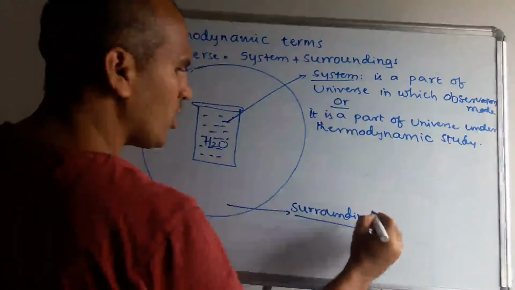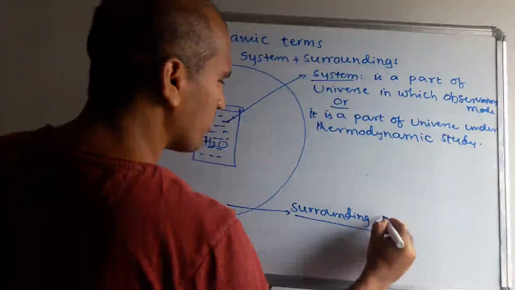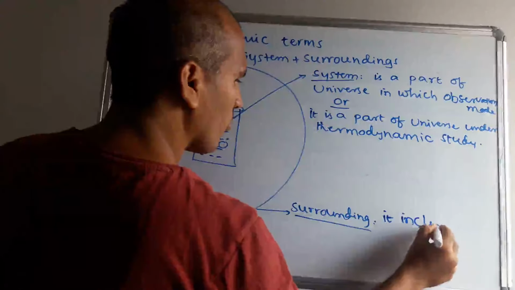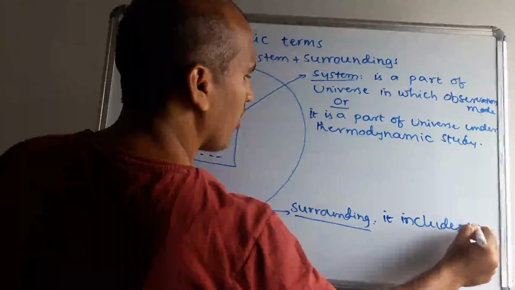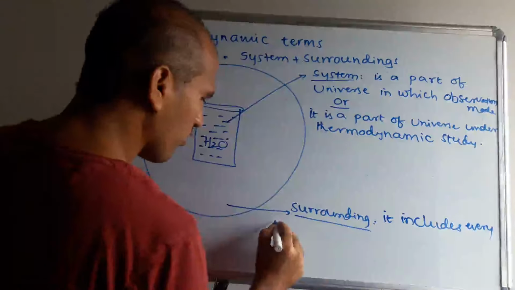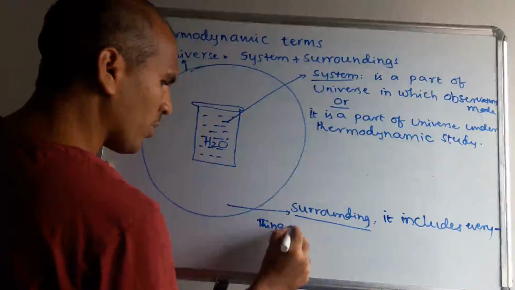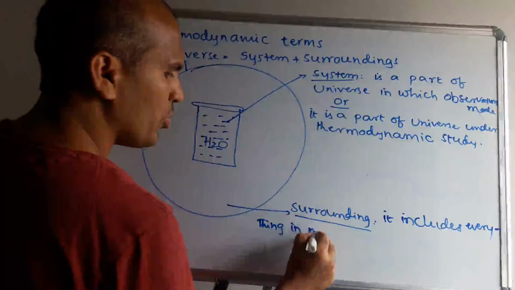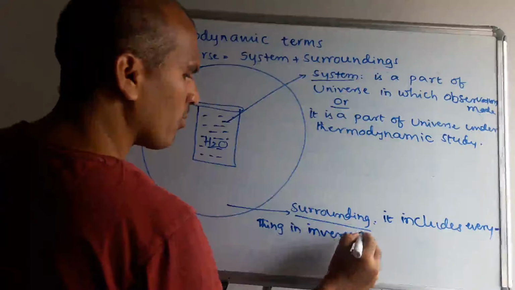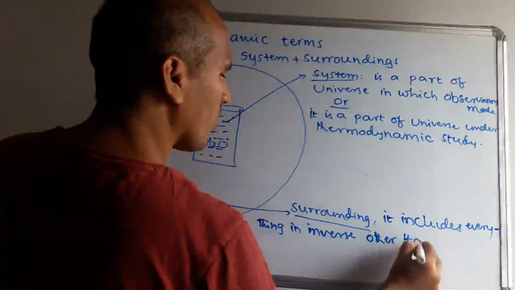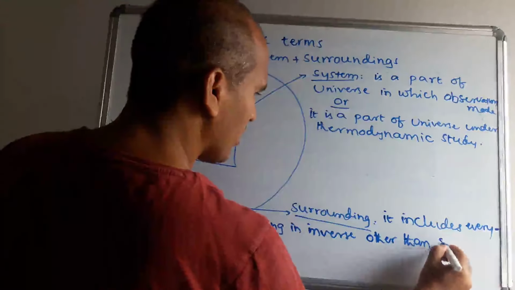Surroundings include everything in the universe other than, or except, the system.